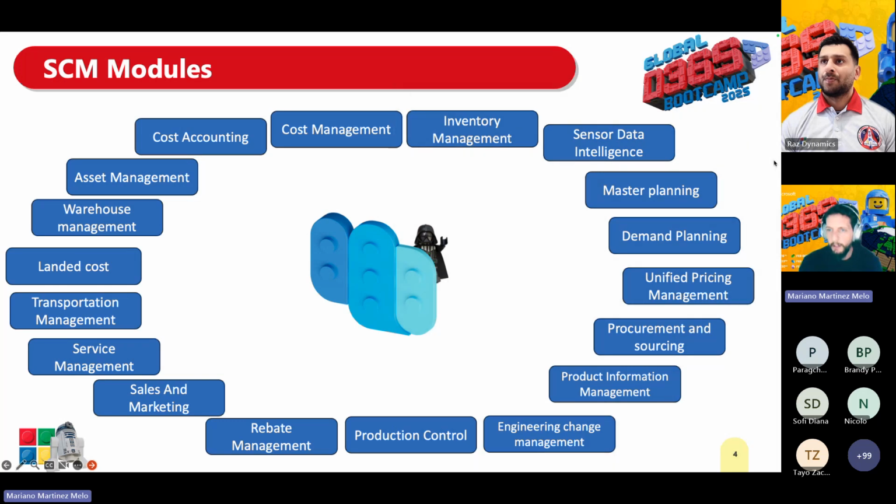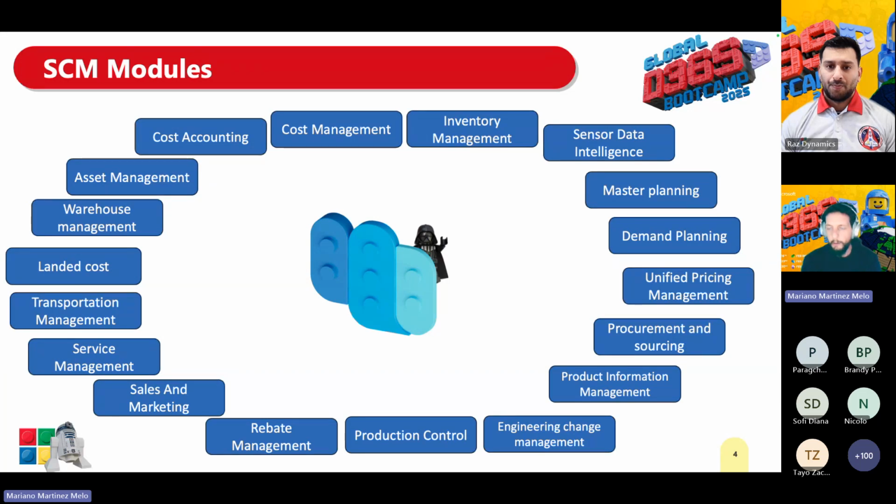Unified pricing management is a new module that is in preview, which allows us to create a pricing hierarchy for all of our products that are going to be part of the sales process or the POS.